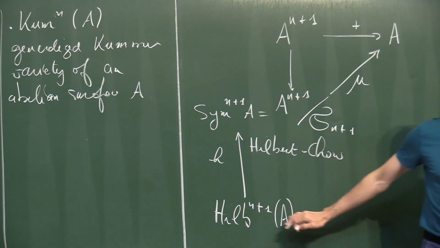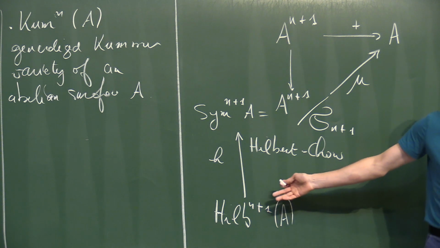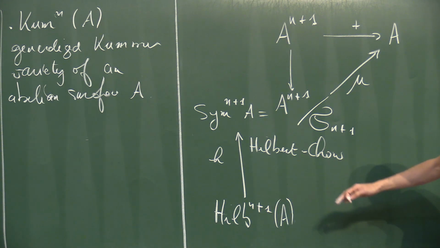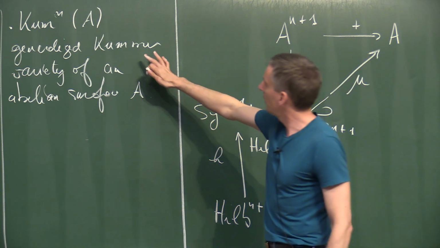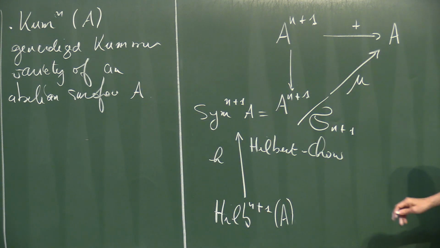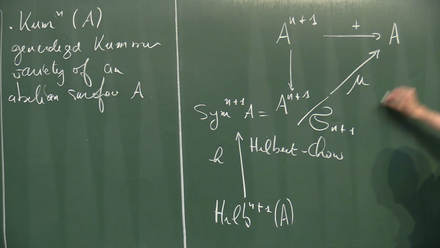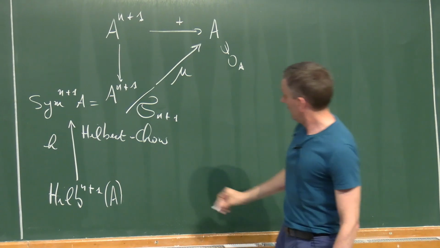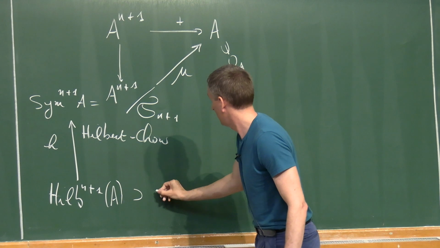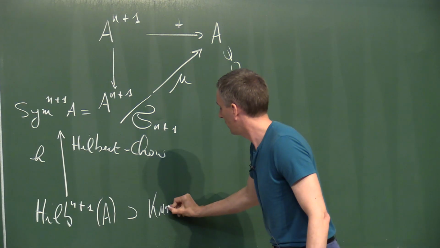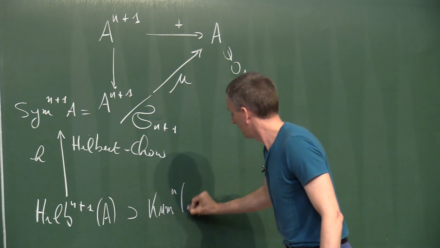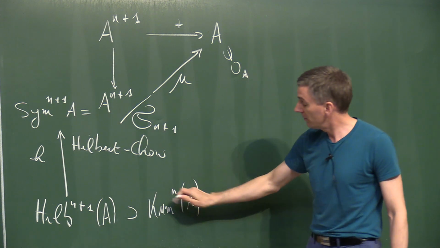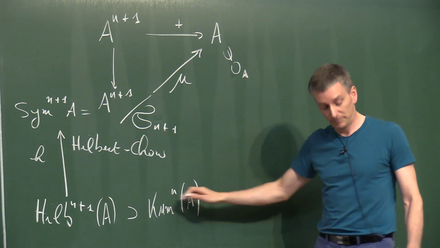This is not an IHS manifold simply because it is not simply connected. The definition of the generalized Kummer variety consists in taking the fiber over 0. So here we have the origin of A, and here inside, we will take the Kummer variety K_n. It's n and not n plus 1.